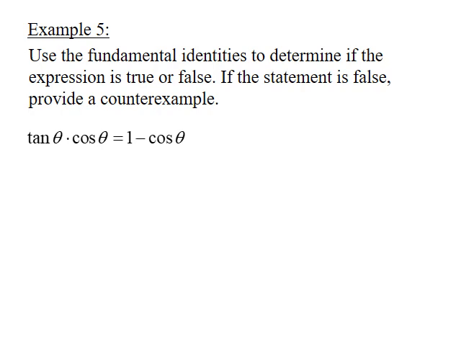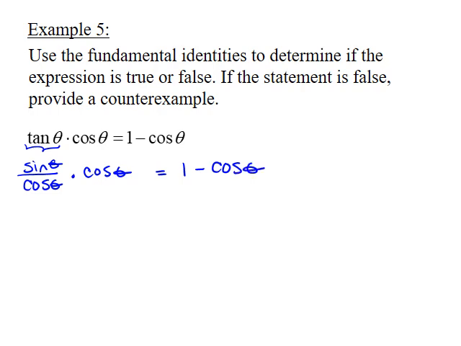Now looking at this, the only thing I can really do in order to rewrite this in terms of sine or cosine is to rewrite tangent. And I know tangent is equivalent to sine of theta over cosine of theta. I'm going to multiply this by cosine of theta. If this equals 1 minus cosine of theta, I'm done.